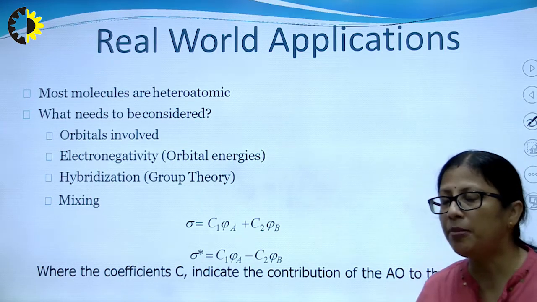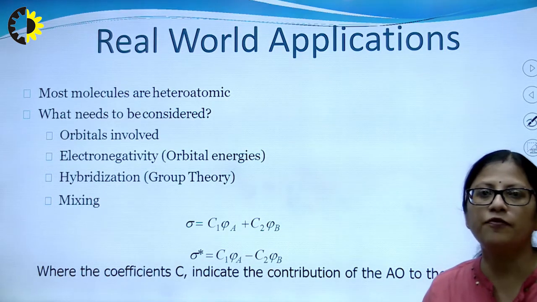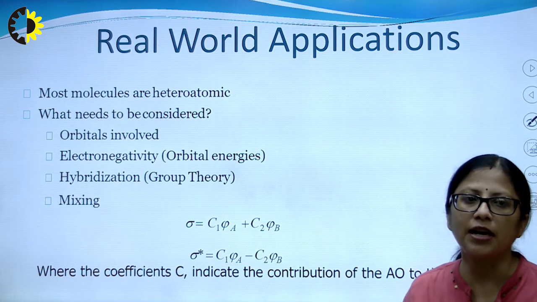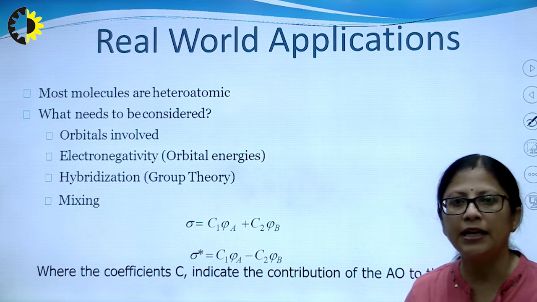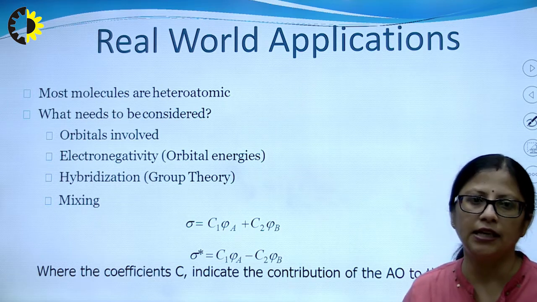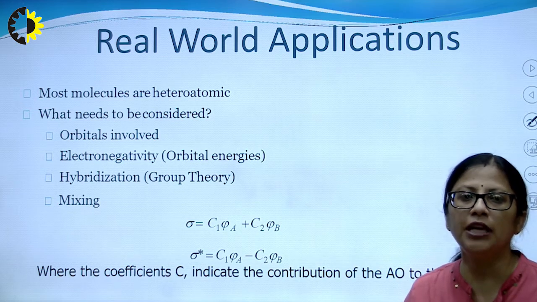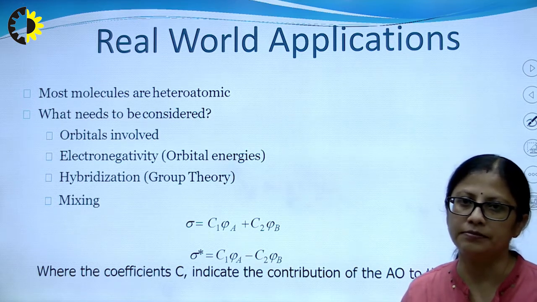Again, the sigma bond is formed by the additive combination and sigma star by the subtractive combination. And here again, the coefficient C indicates the contribution of the atomic orbitals to the molecular orbital.